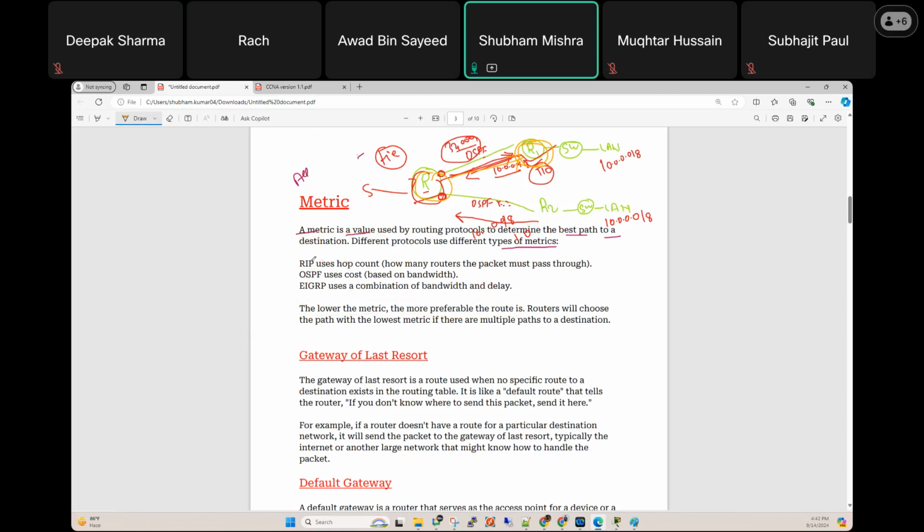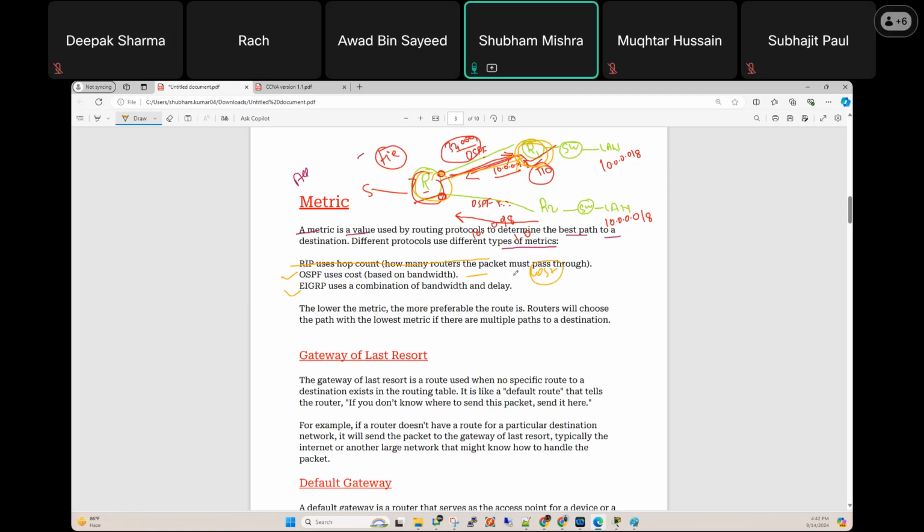For example, RIP, and please remember, nowadays we are not using RIP at all. Clear? Now come to OSPF and EIGRP. OSPF uses a metric calculation that is called cost.